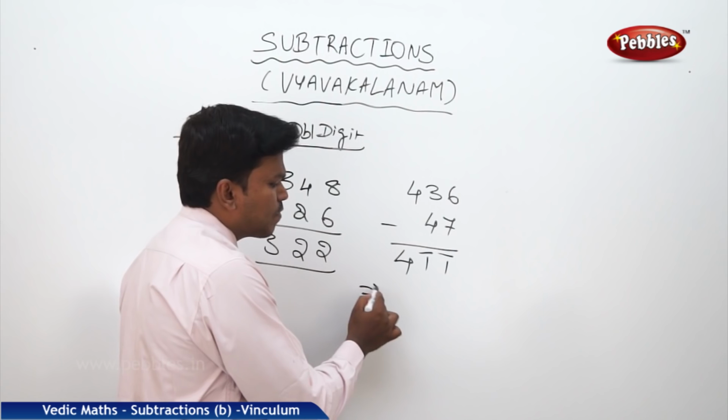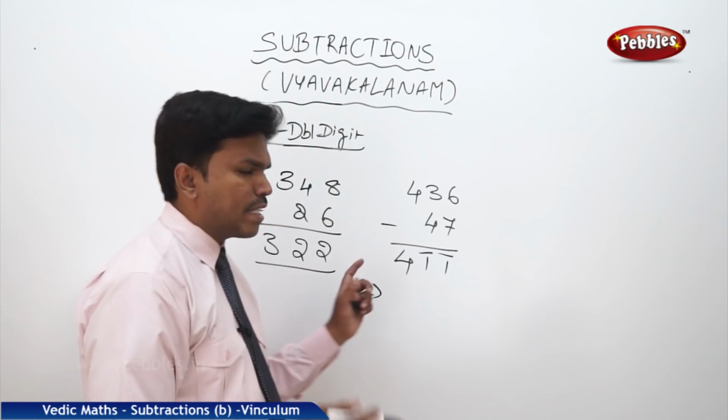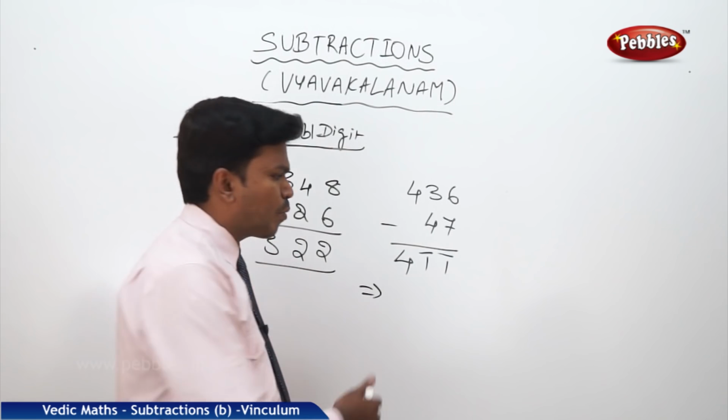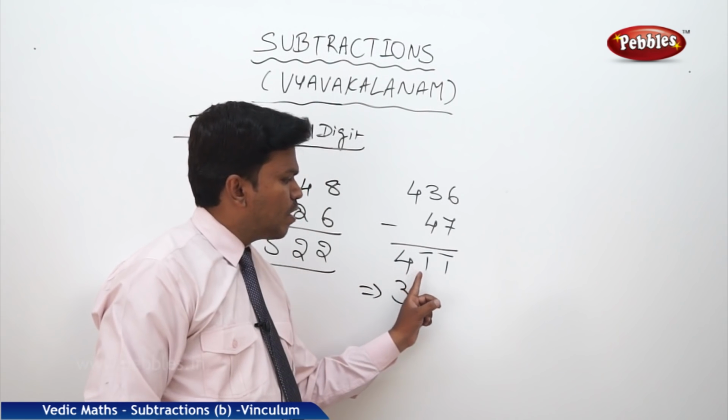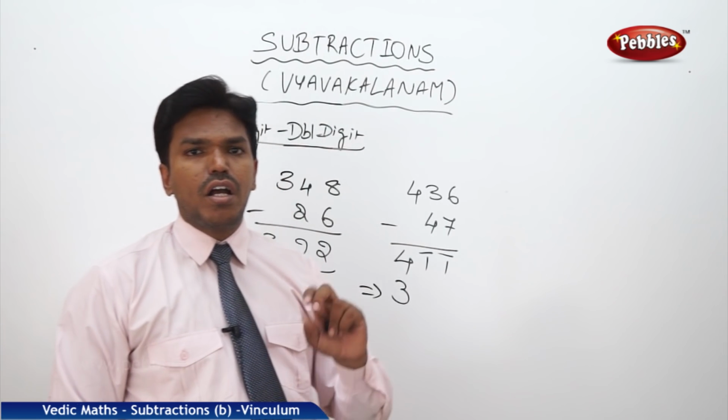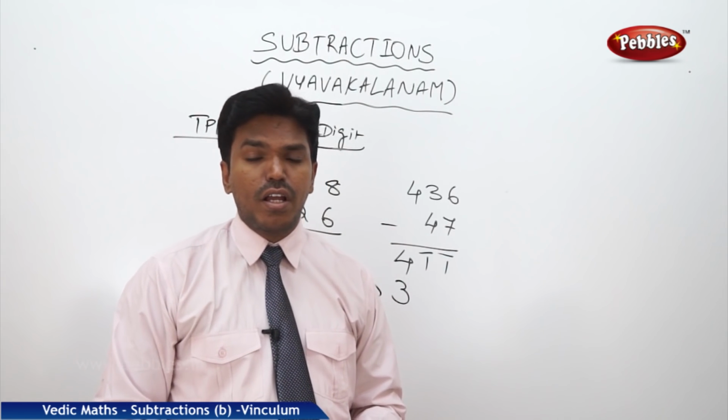Now how to convert this into the normal number? Just like we said, the number before the bar should be reduced by 1. So 4 becomes 3. Now there are two numbers continuously which have bars on them.